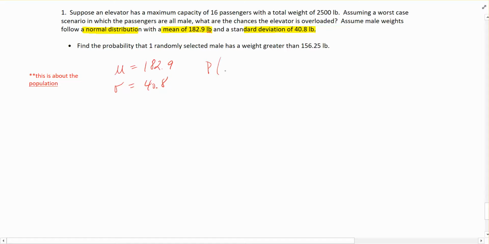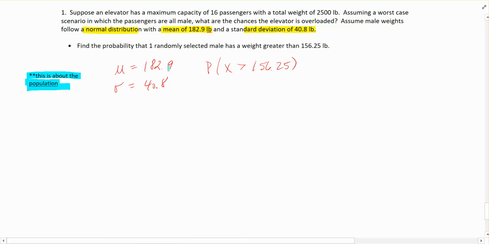The probability that X, the variable X, some guy, one guy, randomly selected male, has a weight greater than 156.25?